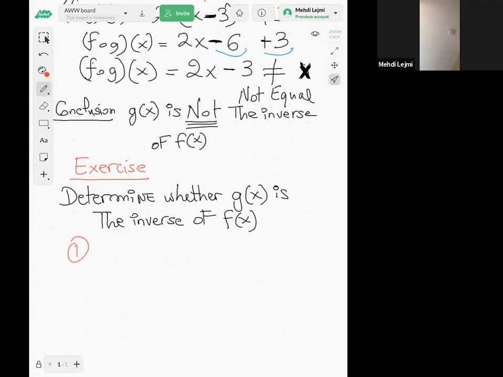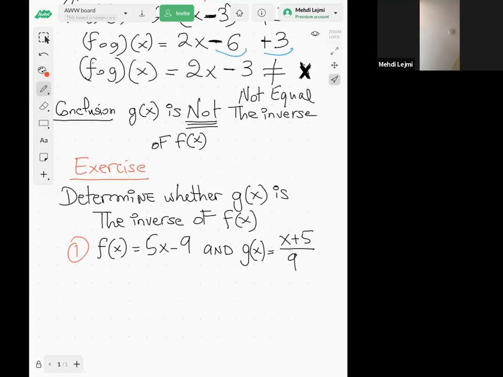First, let's say f of x is 5x minus 9, and g of x is x plus 5, the whole thing over 9.